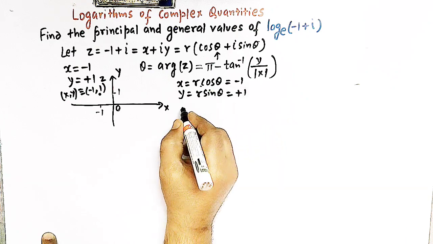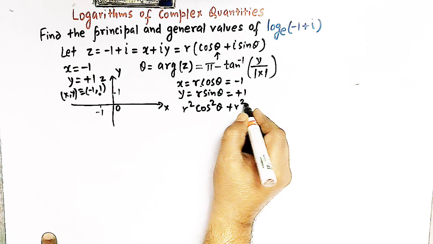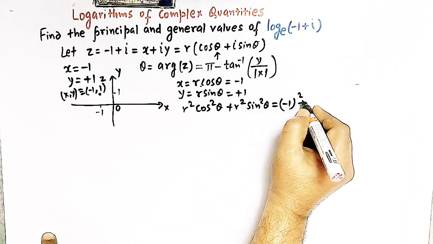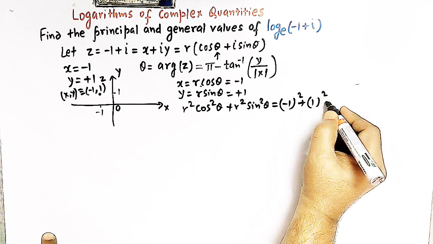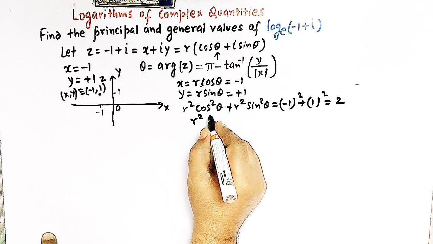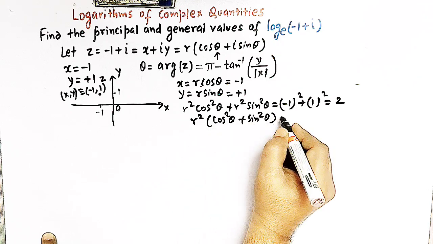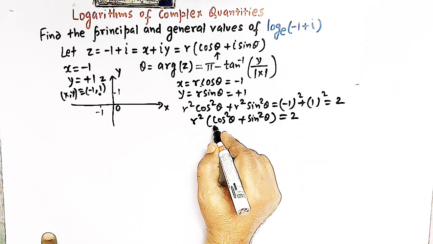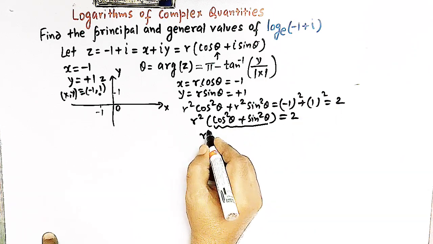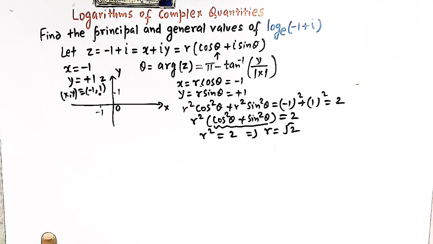So squaring and adding, we have r square cos square theta plus r square sine square theta is equal to minus 1 square plus 1 square, that is equal to 1 plus 1, that is 2. And here we have r square times cos square theta plus sine square theta is equal to 2. And by trigonometric identity, this expression is equal to 1. So we have r square is equal to 2, that is r is equal to square root of 2.